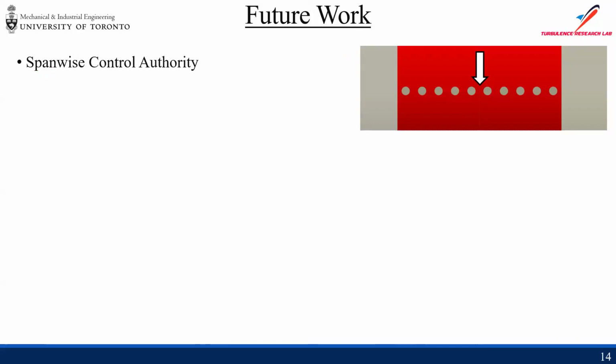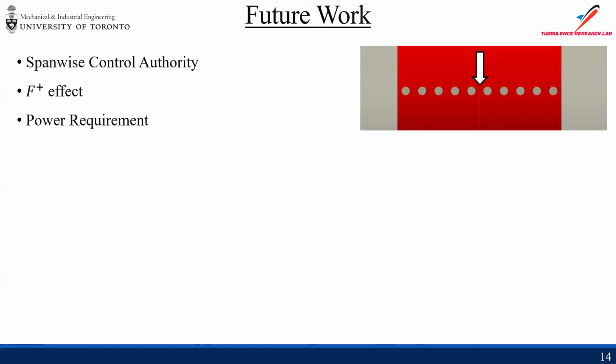In terms of future work, I think span-wise control authority is quite worthwhile. We really do want to know how tightly we need to pack the SJAs and why the non-actuated zone is bleeding into the actuated region so significantly. And then reduced frequency effect, F+ of 10, is also worth looking into.